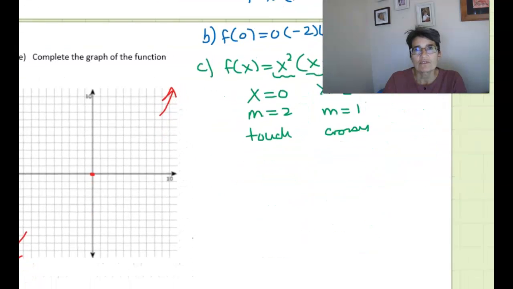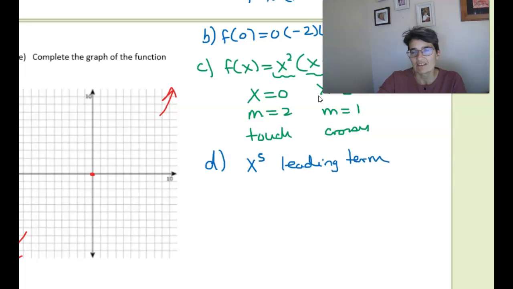Let's look at the number of turning points. So D. We saw earlier that our function looks like x to the 5, so this is the leading term. So the degree equals 5, so n minus 1 equals 4. So it's 4 maximum turning points.